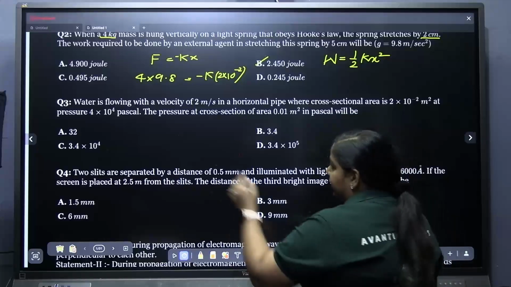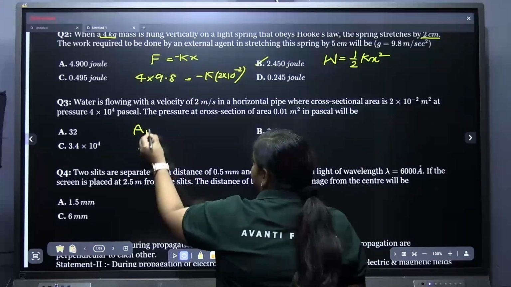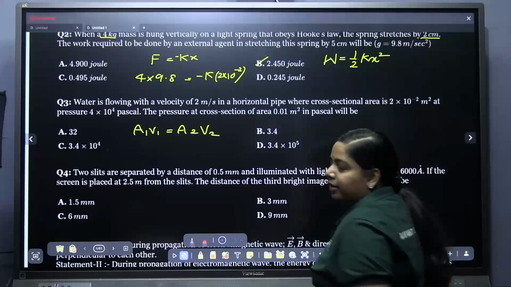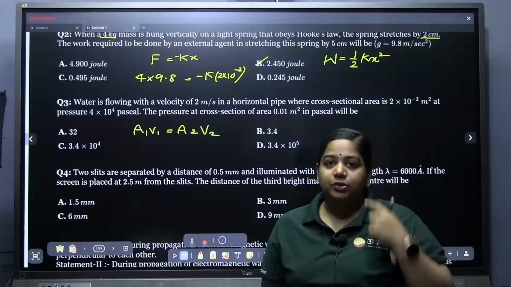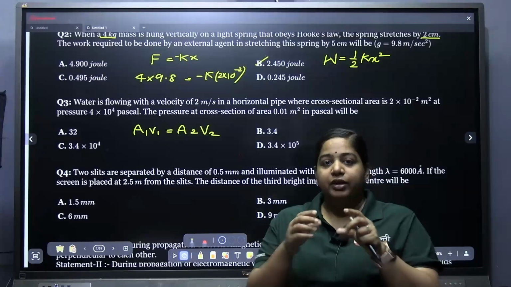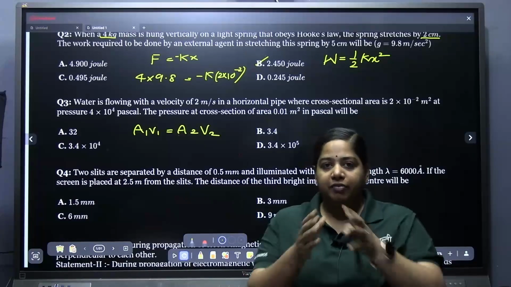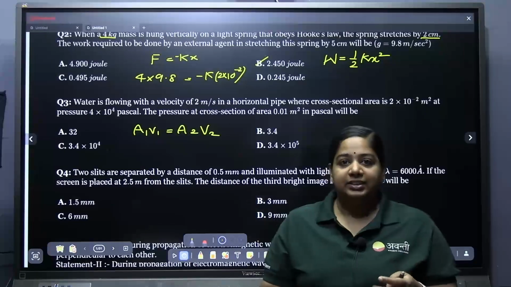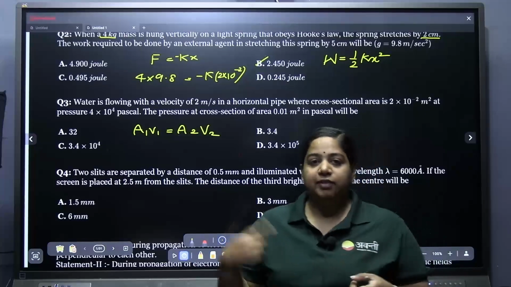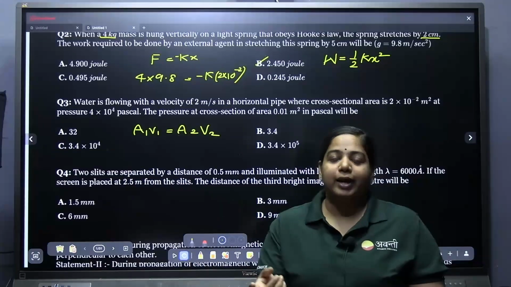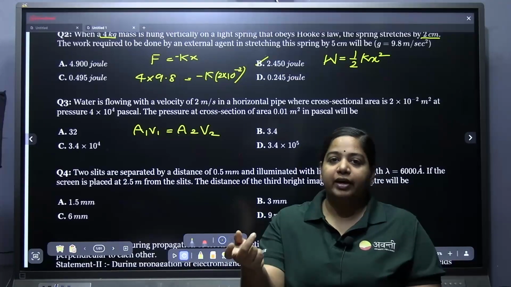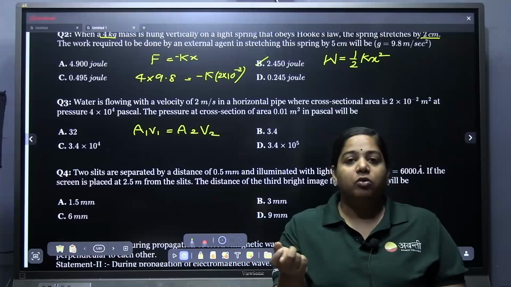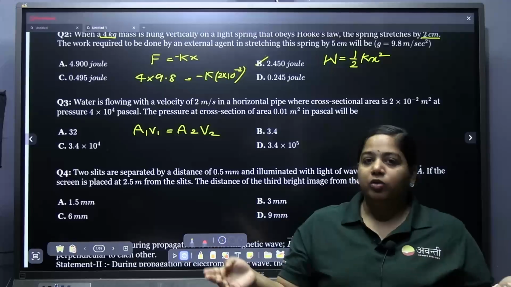Equation of continuity states that A1 V1 equal to A2 V2, meaning the area and velocity relation. As you already know, if the area of the pipe is big, water velocity will be less. If the area is small, velocity will increase. Like if you are watering plants with a hose, if you hold the end of the hose and make the hole small, the water will go faster, right?